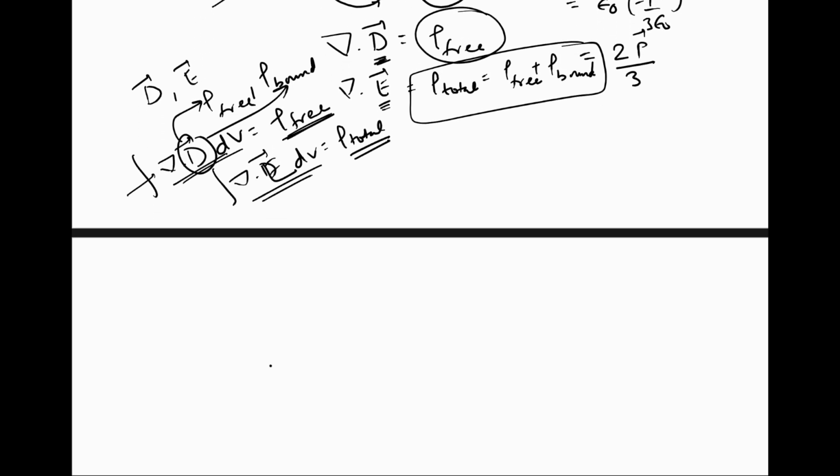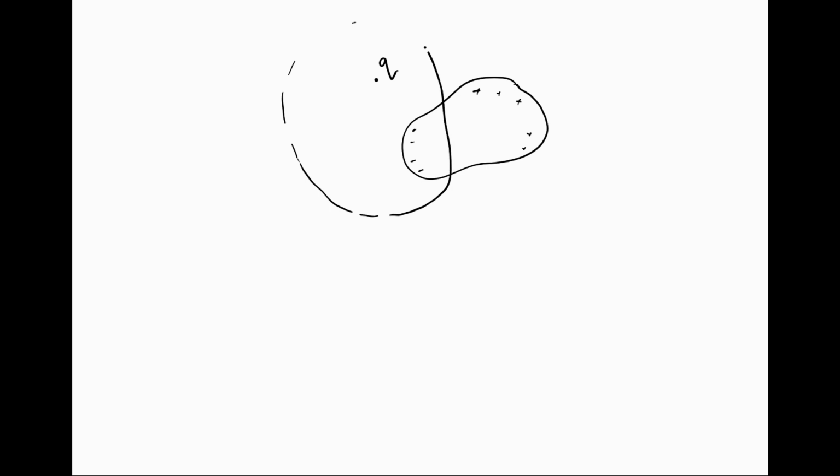So let us see it more clearly. Let us say there is this external free charge Q and there is this dielectric. Because of this charge Q, the dielectric gets a little bit polarized like this. We make a Gaussian surface, this is the Gaussian surface.